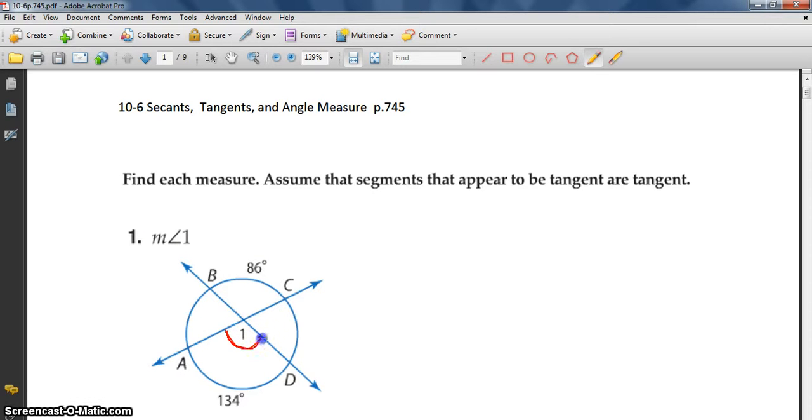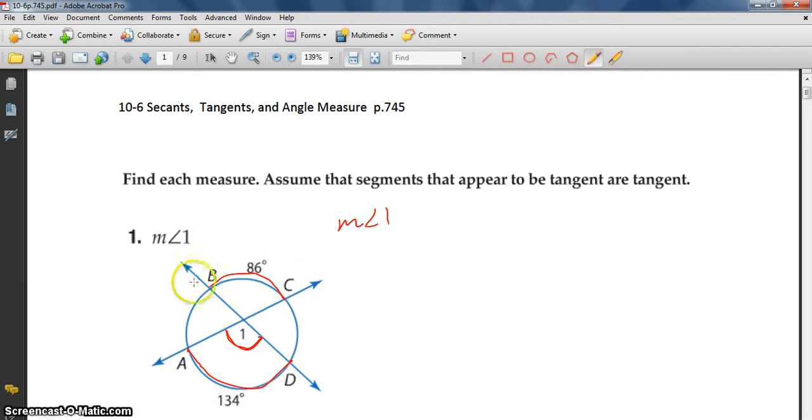So we have some lines going through, some intercepted arcs here and here. And our theorem states that the measure of angle 1, if it's on the inside of the circle formed by two secant lines. A secant line is a line that intersects the circle in 2 points. So it intersects here and there. That's a secant line.